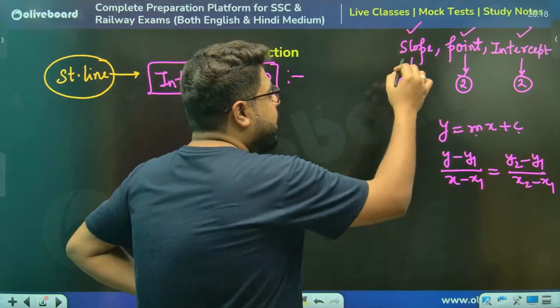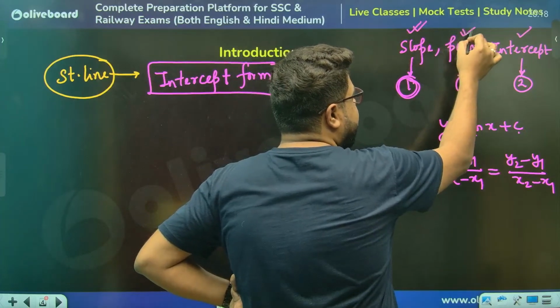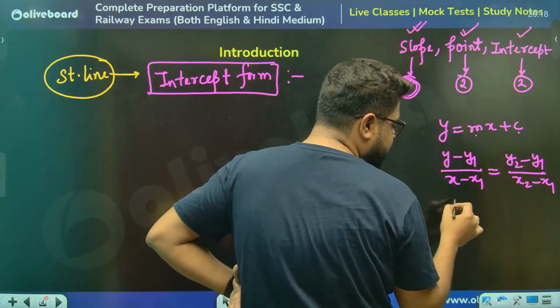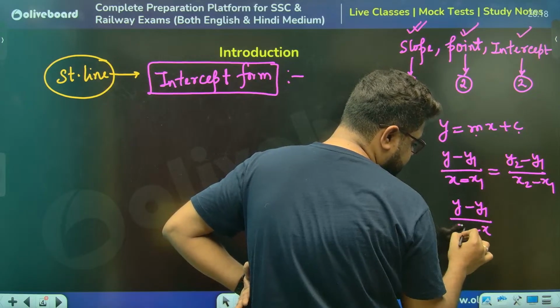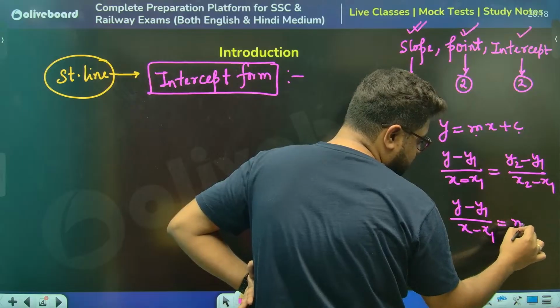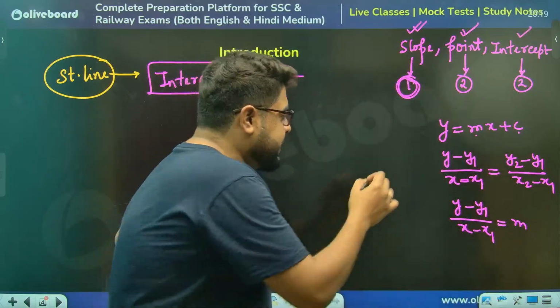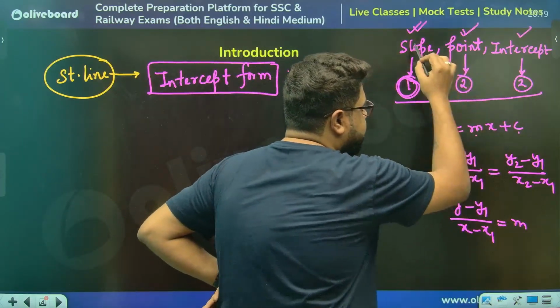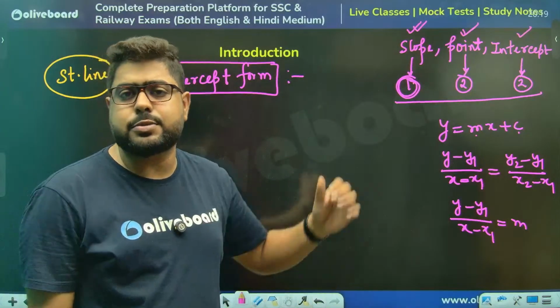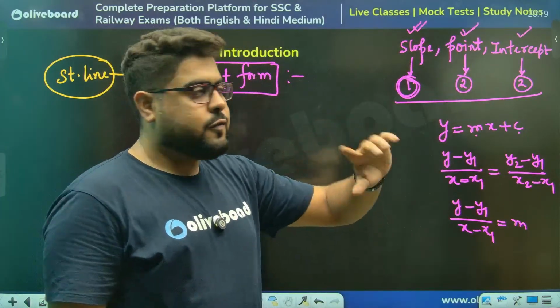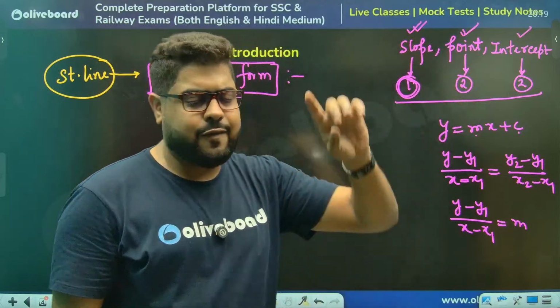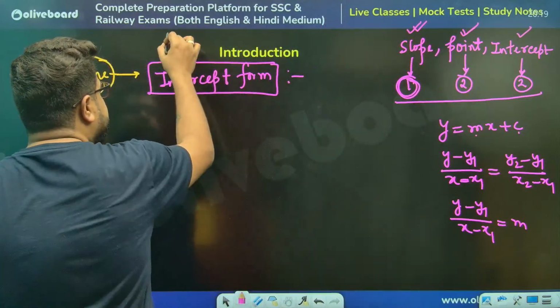If you take a slope and a point, it is point slope form: (y minus y1) by (x minus x1) gives you slope m. So by any two pieces of information, you can get multiple equations of a straight line. But the most important for drawing, for getting area, for many things will be your intercept form.